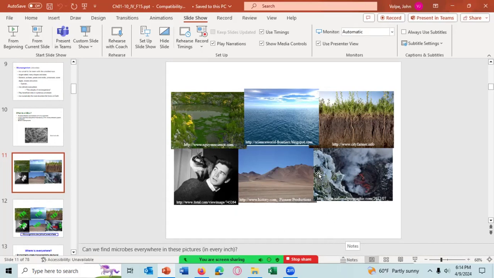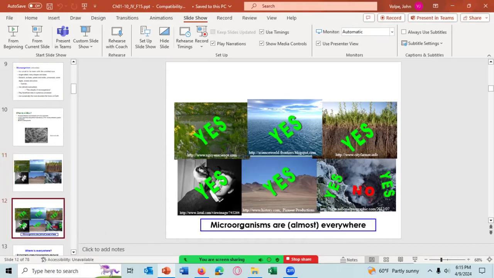Do you have microbes on the rocks surrounding the volcanic vent? Yes. You don't have microbes in one place, and that's where the lava is. It's too hot for microbes to exist there. But everywhere else we'll have microbes. And we're talking about every inch, every cubic centimeter.